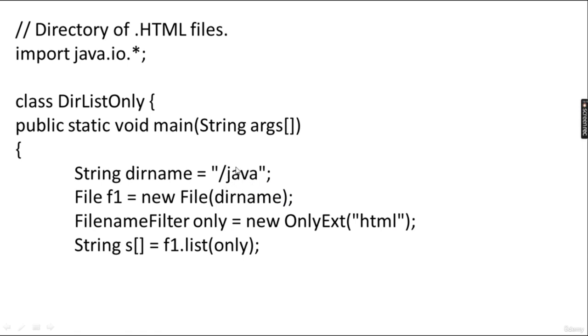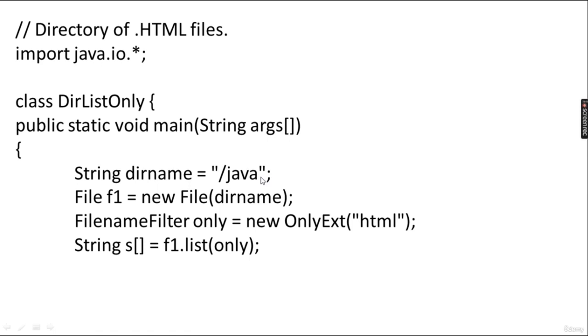You can give any path over here that is a directory, and in that directory you can find any type of extension. For example, you can try out this program on your PC. You can specify a folder.